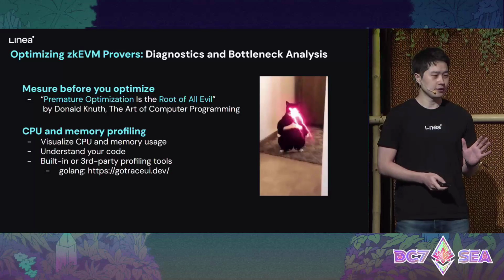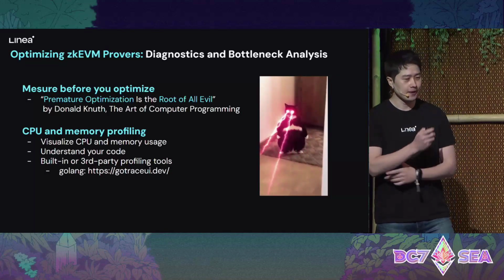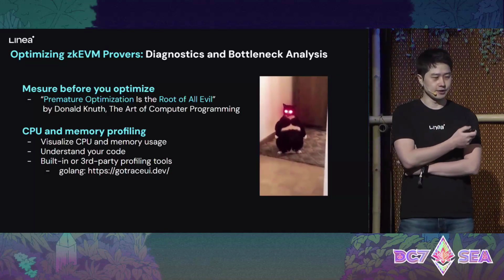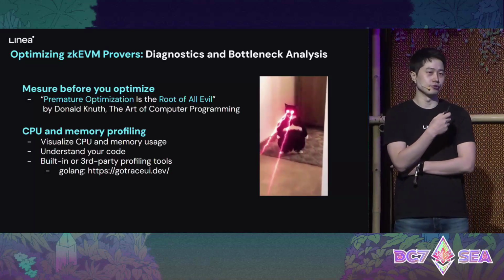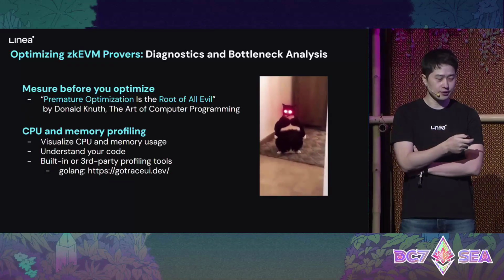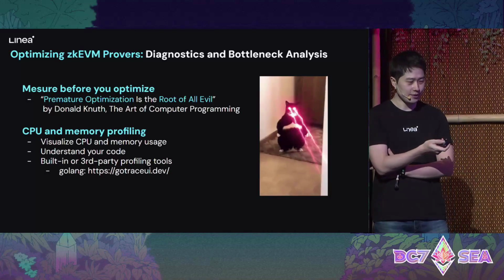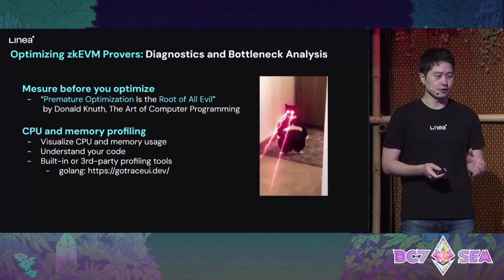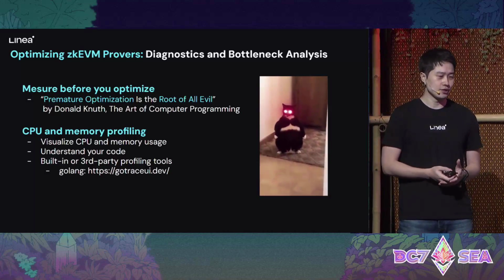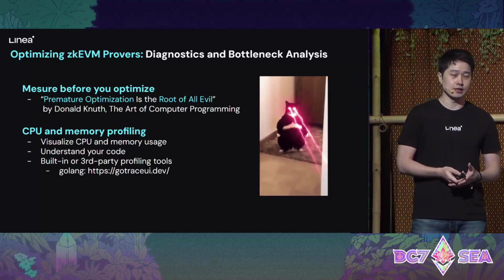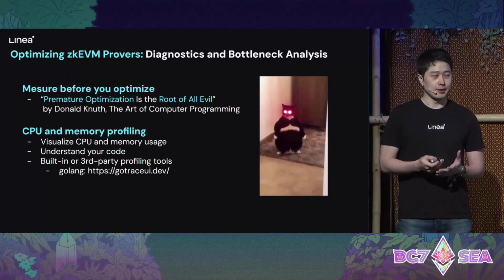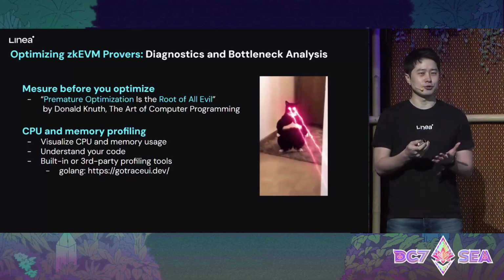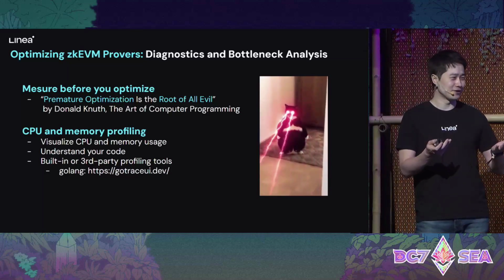I will share about the problems right now and how to actually optimize them. The first thing you have to do is you need to know your code, right? There's a really famous quote in the programming world, which is that premature optimization is really bad. Let's just not do that. Because sometimes you want to optimize your code because it feels fun.